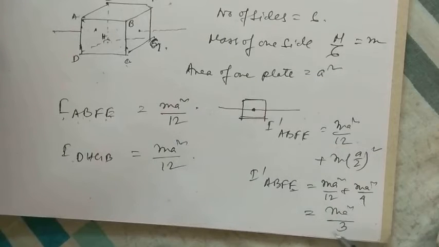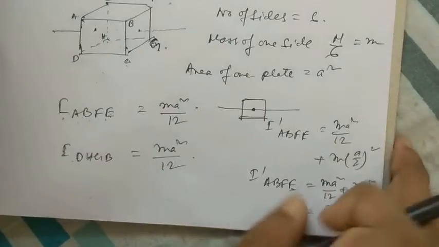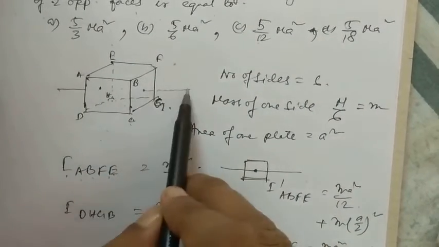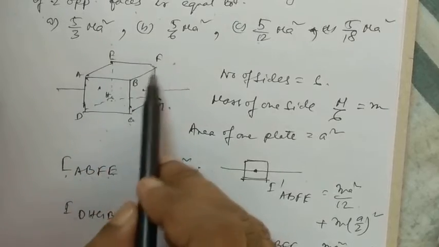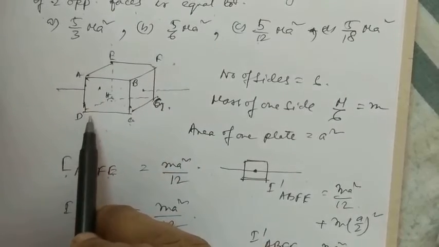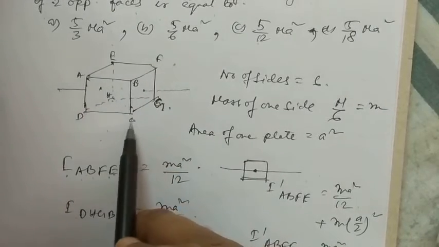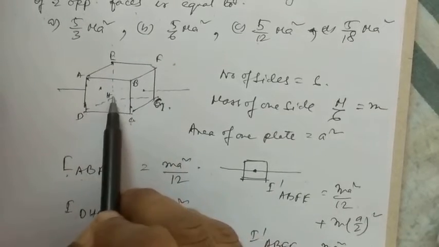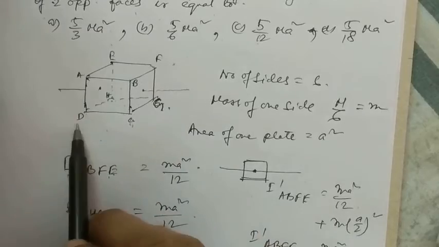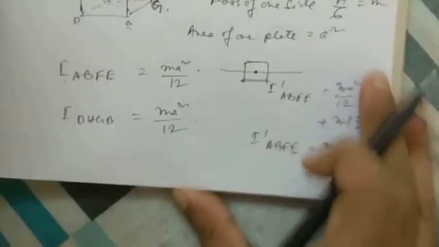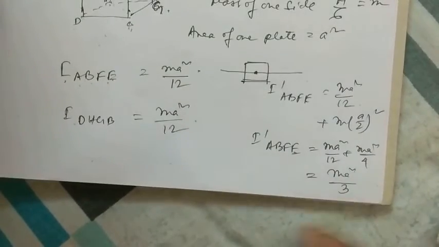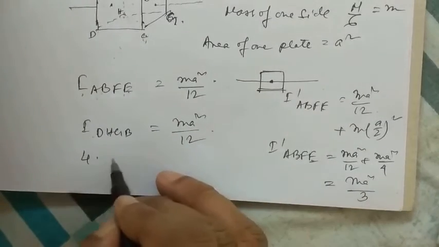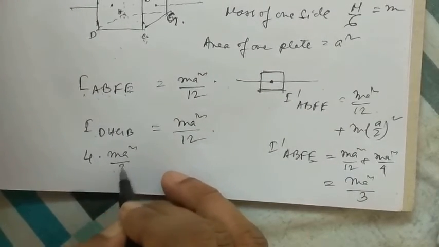Now this is the same for all the sides parallel to this axis: AEFB, DHGC, EFGH and ABCD. These four sides will have the same value, ma square by 3. Now since there are four sides, it becomes 4 into this value, ma square by 3.